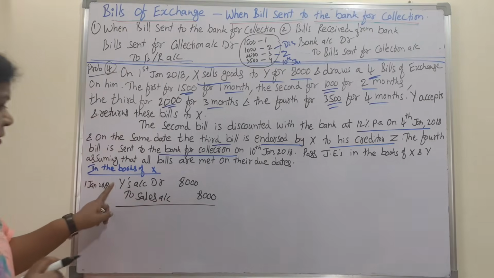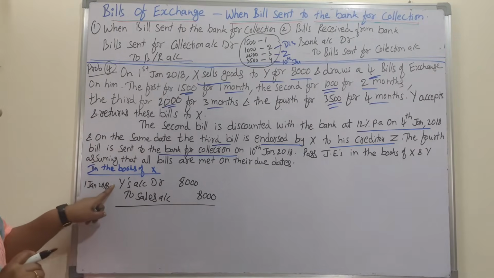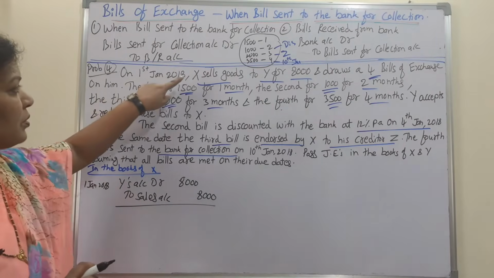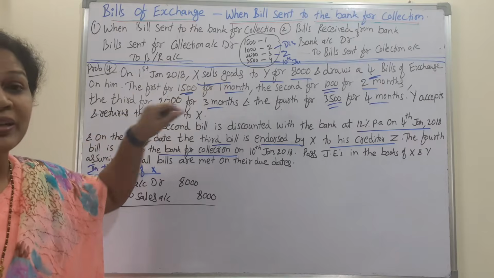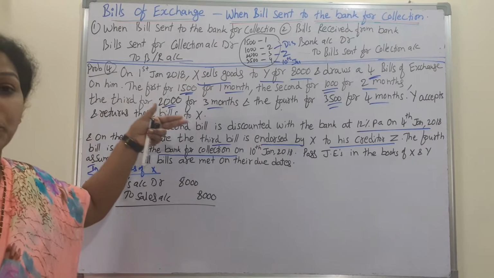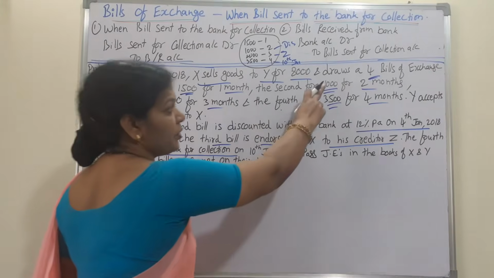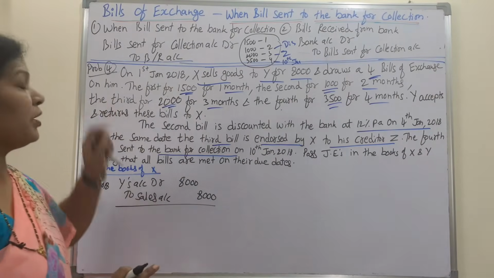This is one entry. So here what do you write? Being goods sold by X on credit basis. You can write that. And after that, X draws a bill of exchange on him.